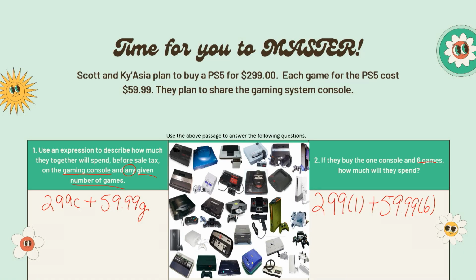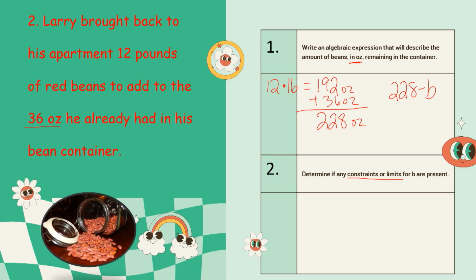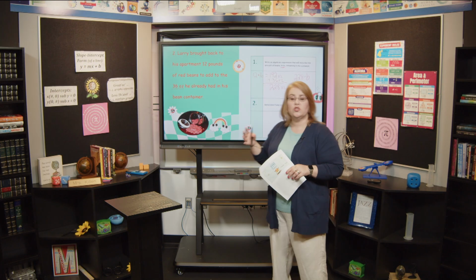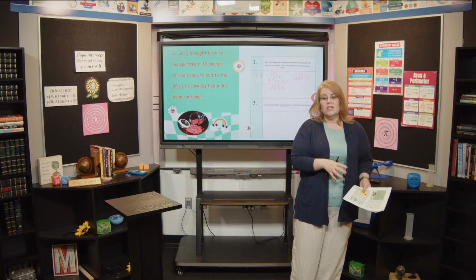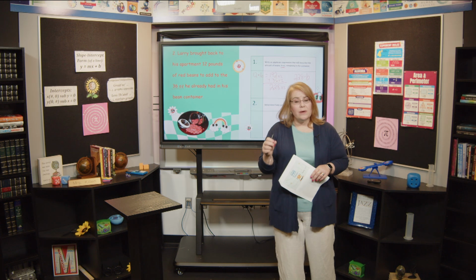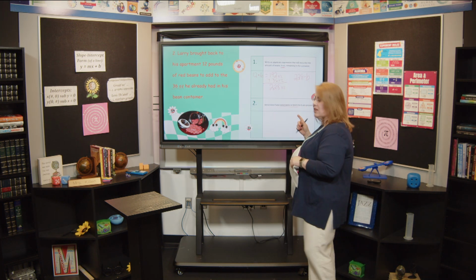Number 2 says determine if any constraints or limits. Constraint is a limit. That's how much we can or can't do for B. So I know that I can't have more than the 228 ounces, and I sure can't have less than 0 ounces. So I can write my constraint or my limit with an inequality. Let's look and see what that looks like.